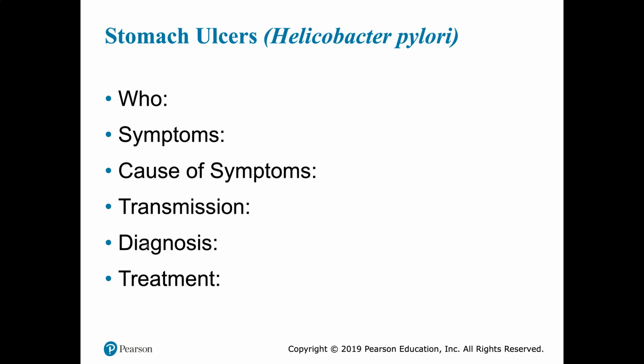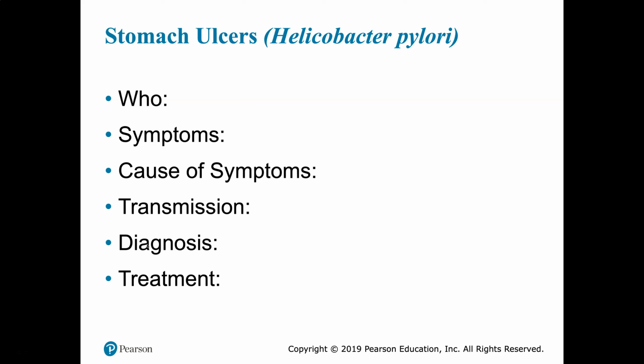Treatment, fluids, antibiotics. Those are really the big ones. Usually, in addition to antibiotics, you give somebody what we call a proton pump inhibitor, which is essentially a medication to reduce the stomach acidity.